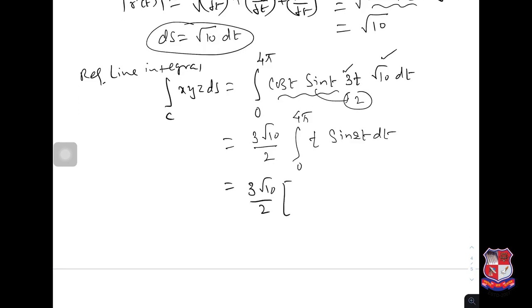We can integrate by parts. So t as it is, integration of sin 2t is minus cosine 2t by 2, then minus derivative of t is 1, and integration of minus cosine 2t is minus sin 2t by 4, and t is from 0 to 4 pi.